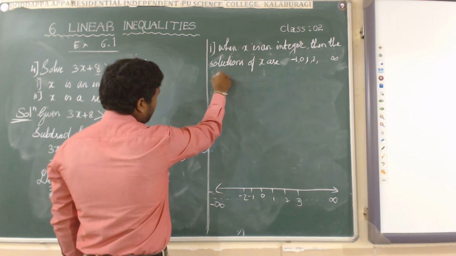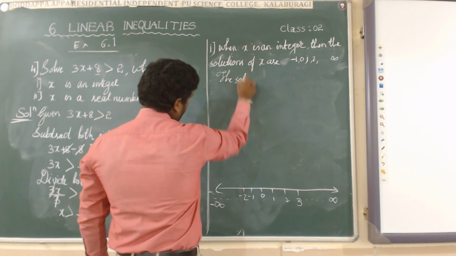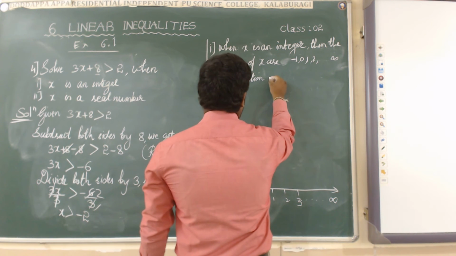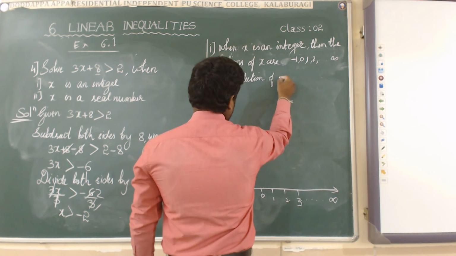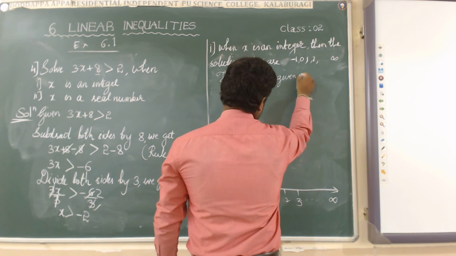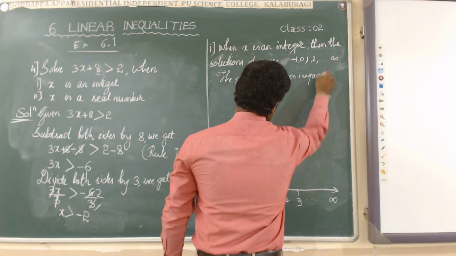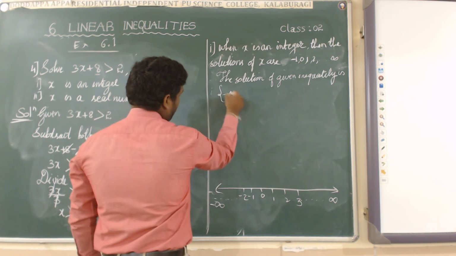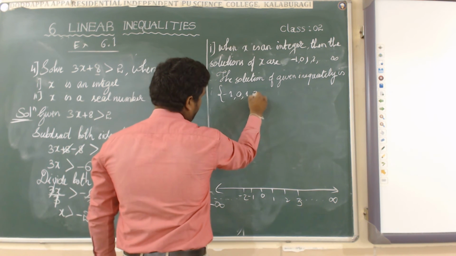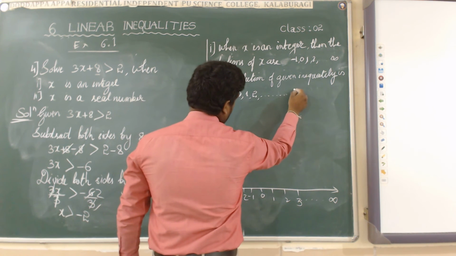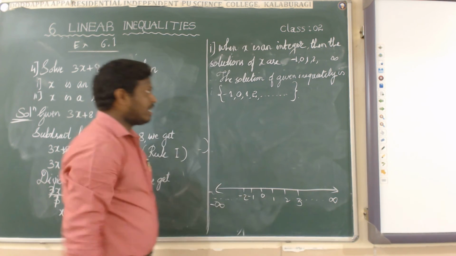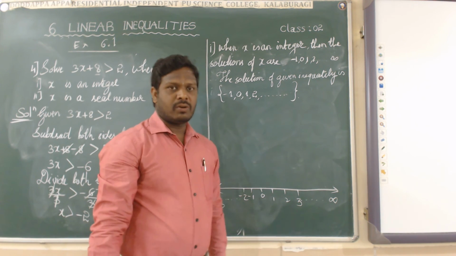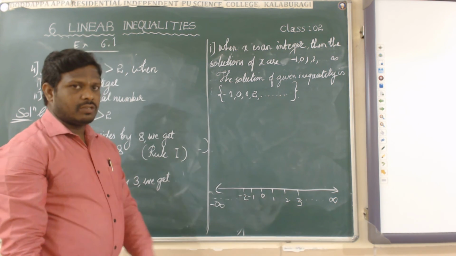Therefore the solution set of the given inequality is -1, 0, 1, 2, and so on. Infinity also we can write. No problem, in this way also we can write. This is the solution for the first question.